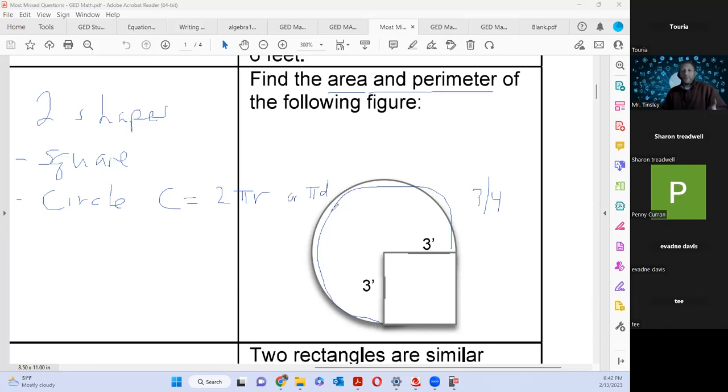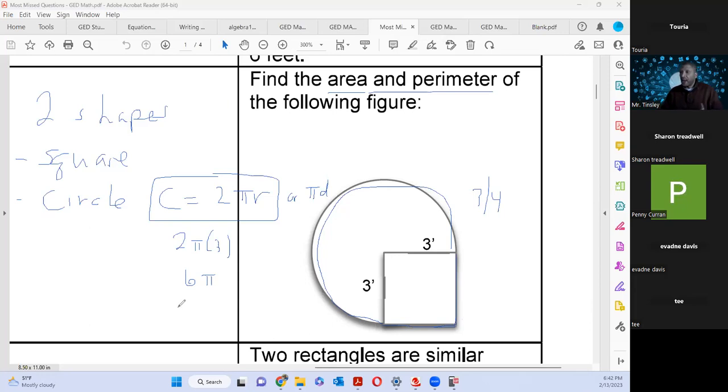Because they gave me the radius in this example, I'm going to use the first one. So 2 pi times 3, which is 6 pi, and we'll multiply by 3/4 in a minute. But now, for this shape, remember, perimeter is distance around. This is 3, and this is 3, because it's a square.